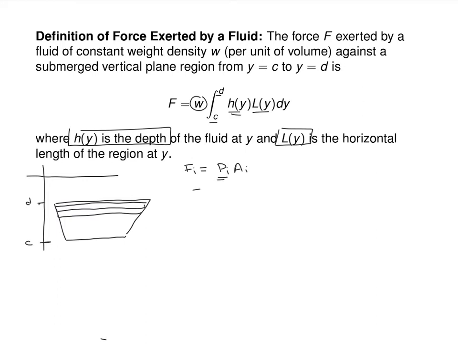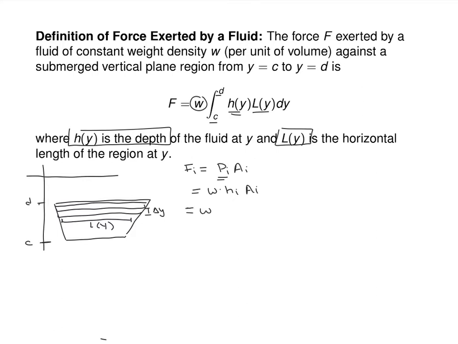But if you cut small enough chunks, the depth is approximately constant on that chunk. So pressure will be given by W times h of i, A sub i. And so if this little rectangle has height delta y, this distance from end to end is what I'm going to call L of y, or the length of y. And that'll be different for different slices, so we'll say L of y sub i.